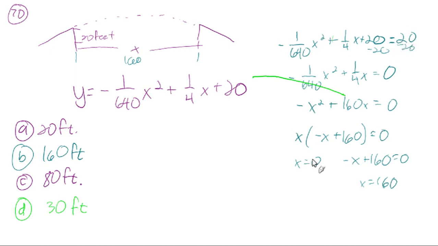So we found that that was 0 and 160, which meant at the jumping off of the initial ramp, he's at 20 feet high, and at the landing of the landing ramp, he's 20 feet high, which means that the landing ramp must be 160 feet away from the launch ramp.